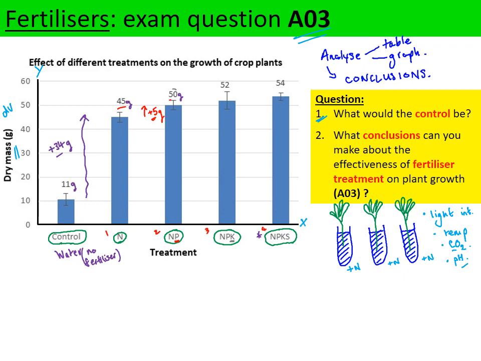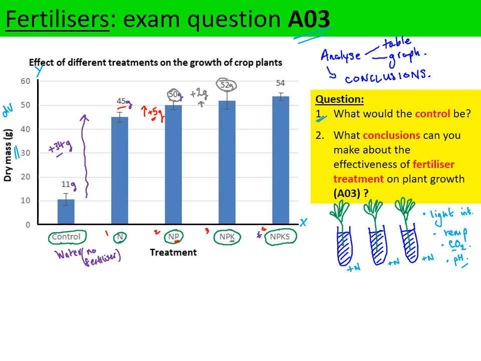So we go from 50 grams with N and P up to 52 grams with N, P, and K. So the effect of potassium gives us a plus 2 gram increase because we've already treated the seedlings with N and P, number 2.